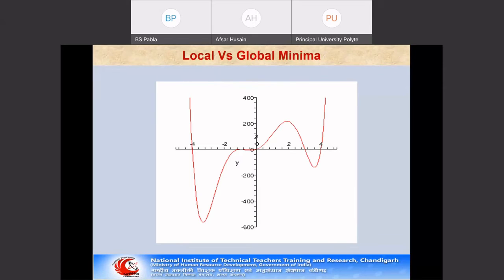So this is my global minima in the given range of variables. X is varying from -4 to 4. Maybe if I go to, let's say, -8 or +10, I will get another global minima. You see, when I have come at this point between 2 and 4, at, let's say, 3.5, it gives a false impression that I have reached a minimum value, whereas it is not minimum.